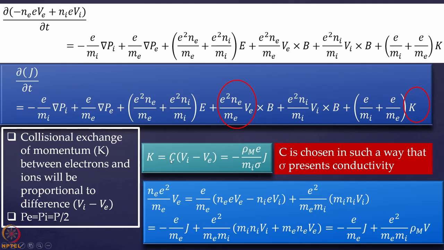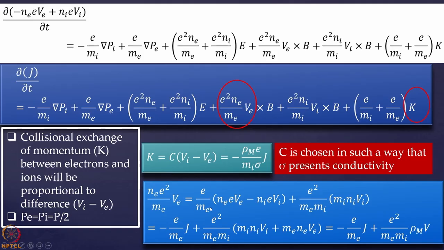So whenever we find that something is proportional to the difference V_i minus V_e, we can assume it will be proportional to J with some other constant appearing here. We don't know what the constant is, and to choose this constant in a self-consistent manner, we will do modeling for this case, which will come in the next slide.